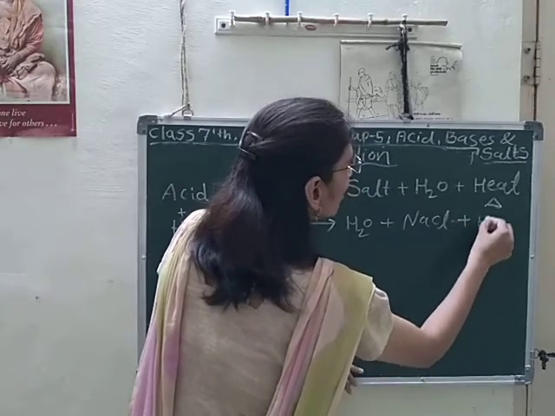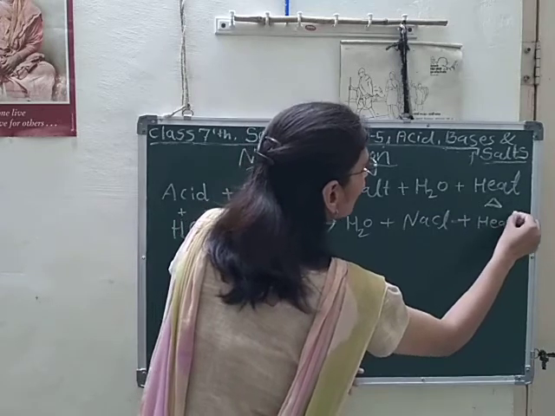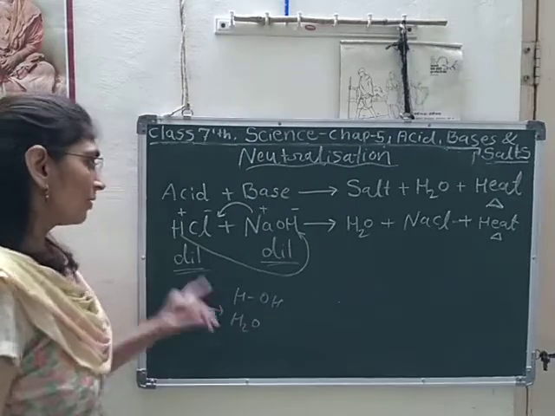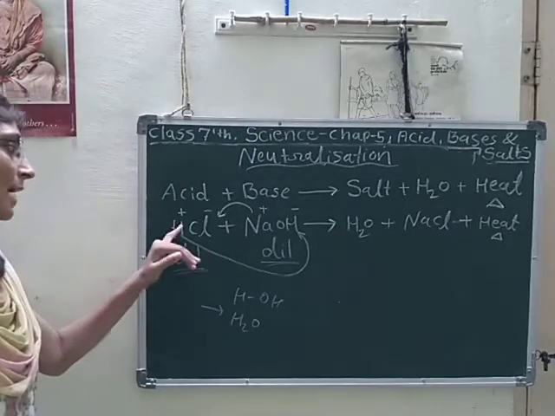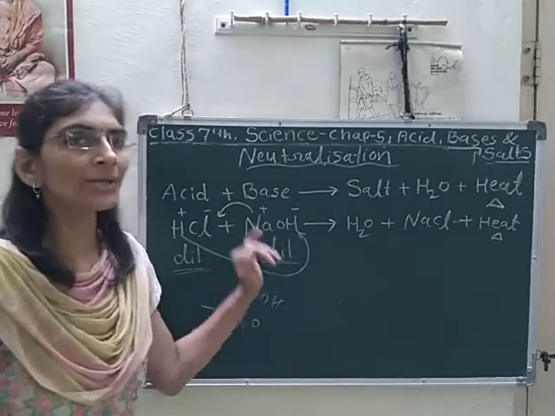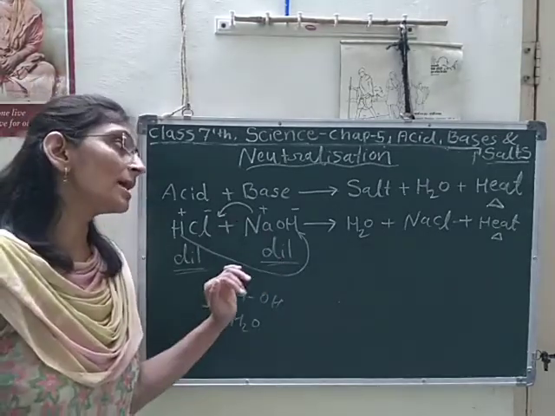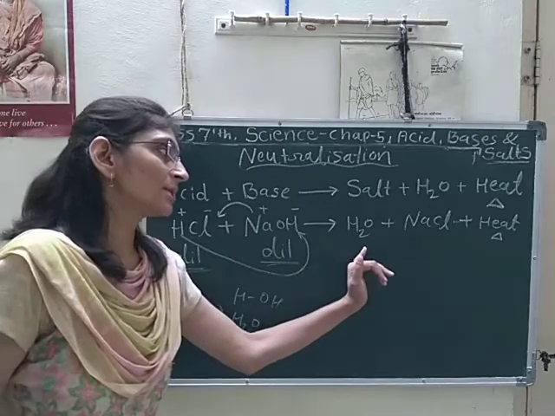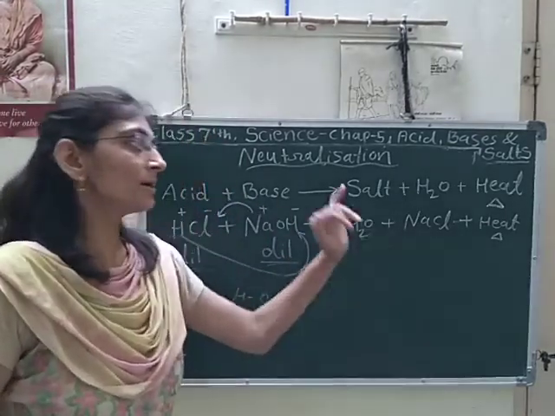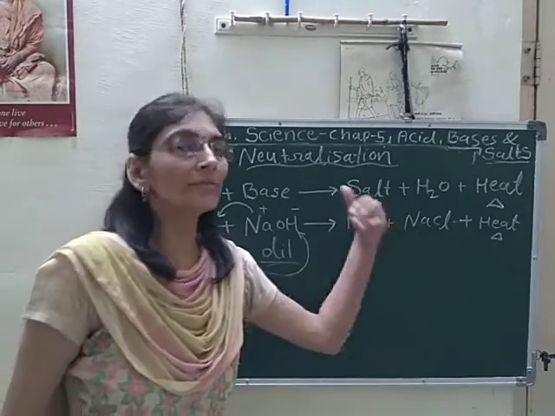Again, the evolution of heat will be here. When dilute hydrochloric acid reacts with dilute NaOH, or dilute sodium hydroxide, water is formed and then sodium chloride is formed, with the evolution of heat.